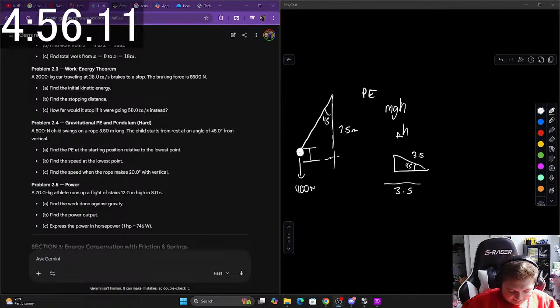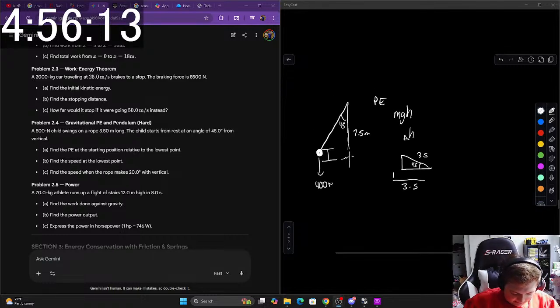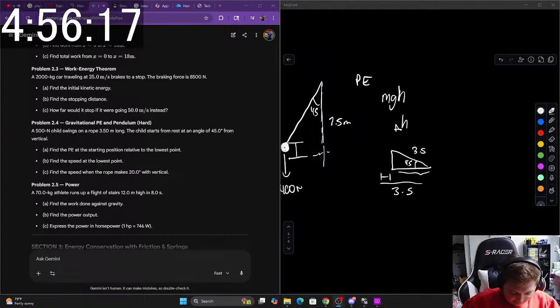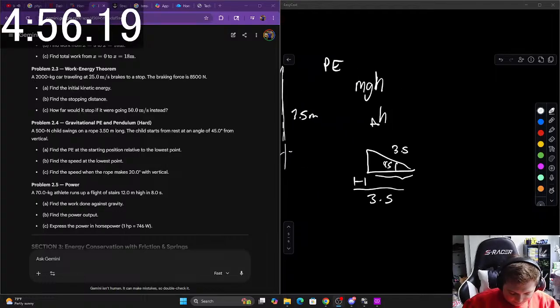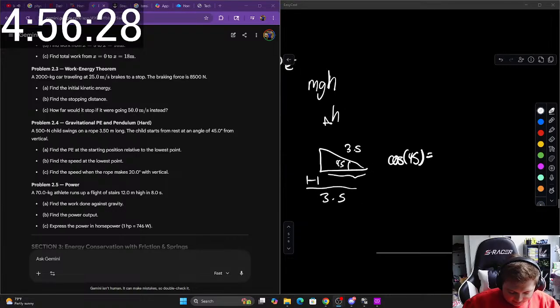Trying my hardest. And then we just need the difference between these two. So we need to figure out this length right here, which is going to be the adjacent. So cosine 45 equals adjacent over hypotenuse.